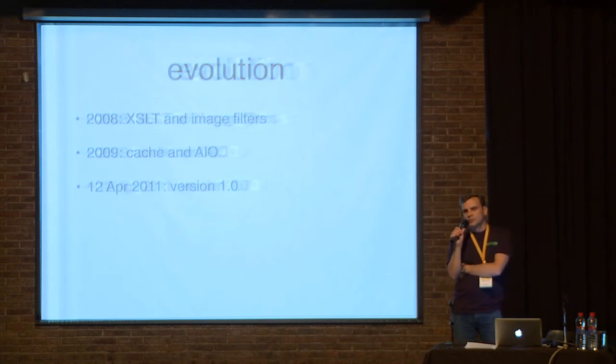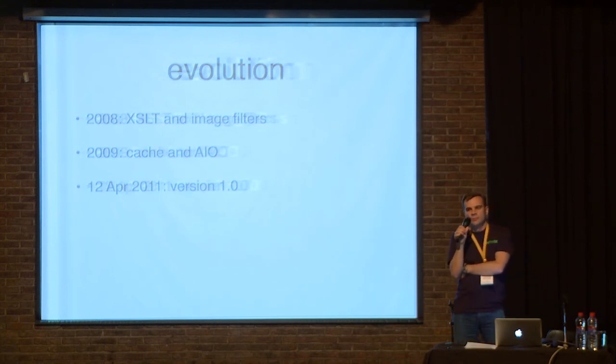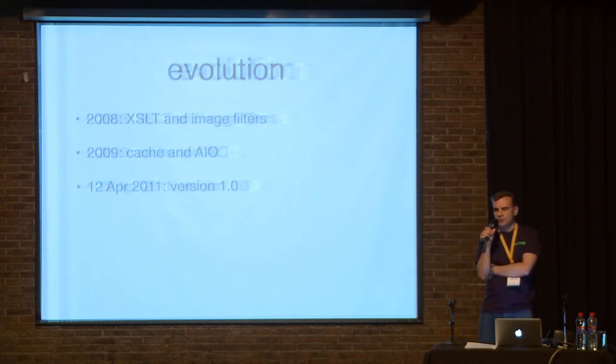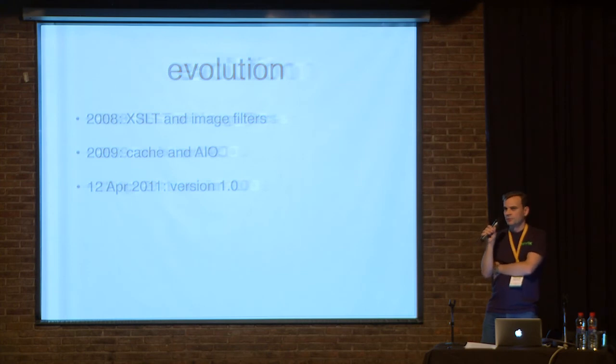In 2009, cache was finally implemented, and support of disk asynchronous I/O was added to NGINX. And on April 12th, 2011, version 1 was finally released.